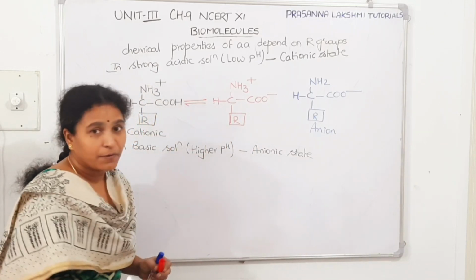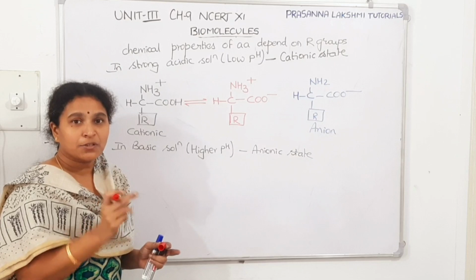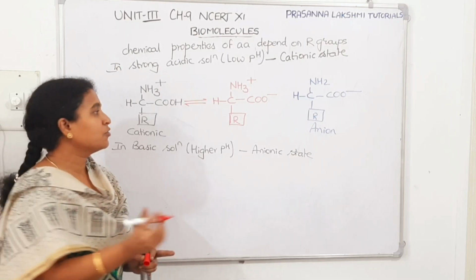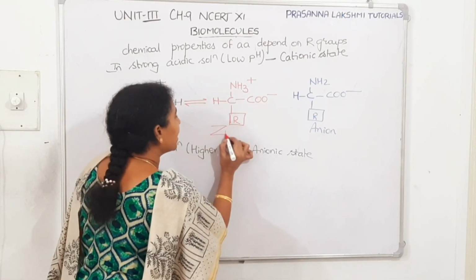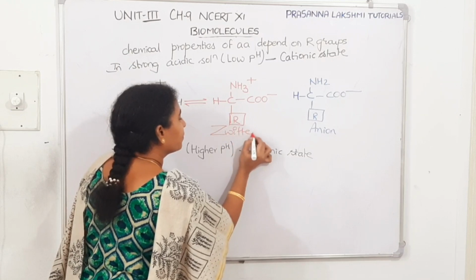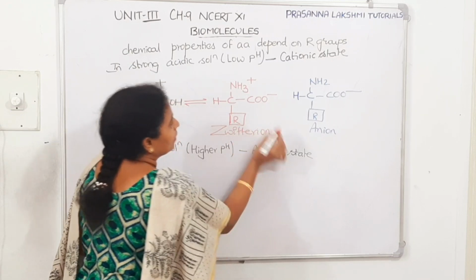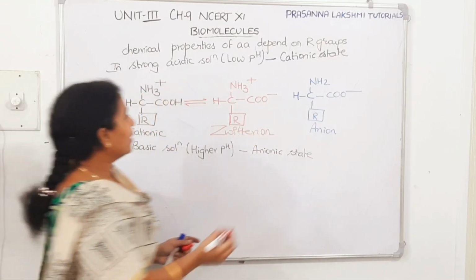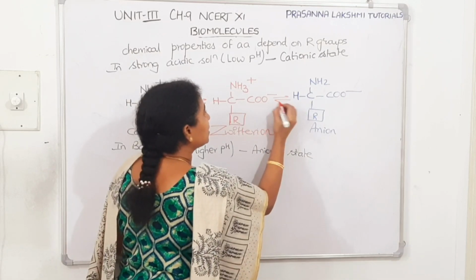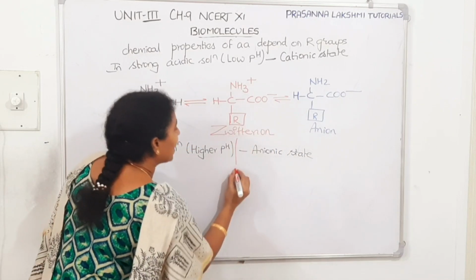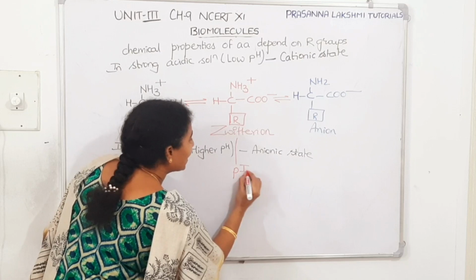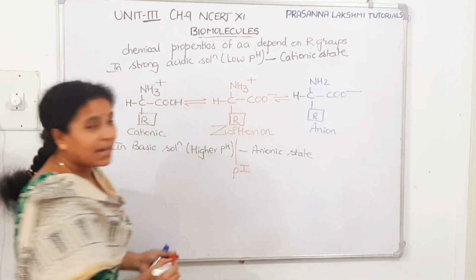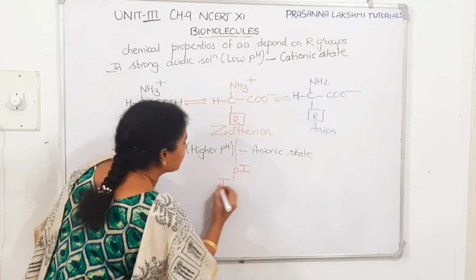Then this ion, where the net charge becomes 0 as the positive charge is equally balanced by the negative charge, is called a Zwitter ion. And the pH where the amino acid exhibits this state is called PI.